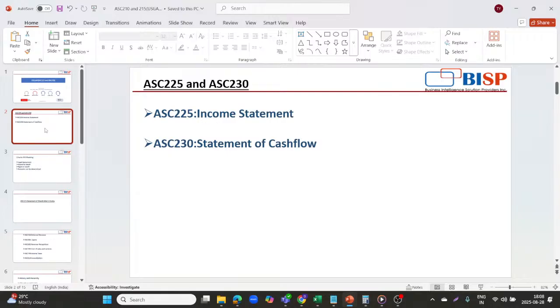So the income statement is one of the primary financial statements. It is a valuable tool to assess profitability, creditworthiness and investment value of the company. It is helpful in predicting future cash flows based on past performance. The income statement will provide information about the company's performance for a specific period.